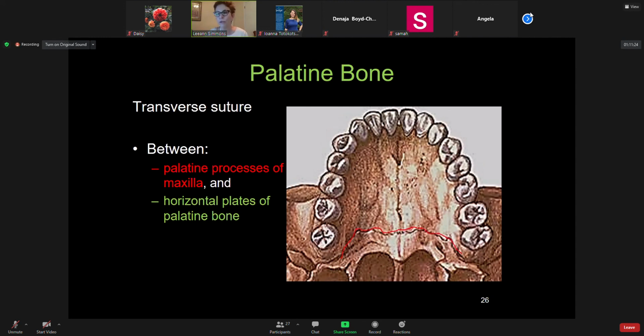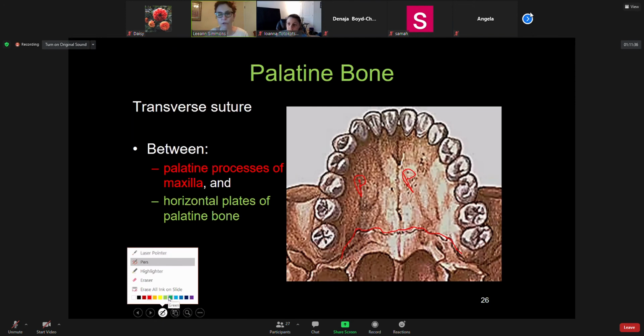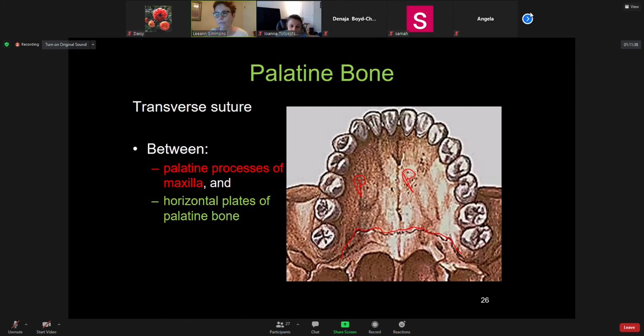It's between the palatine processes of the maxilla, which I'll note with a P, and the horizontal plates of the palatine bone, which I'll note in green. Here and here, those are the horizontal plates of the palatine bone.